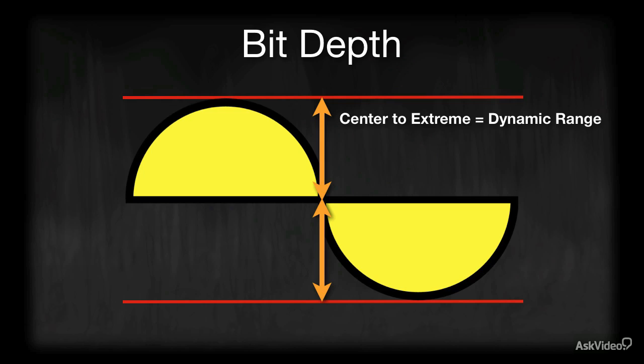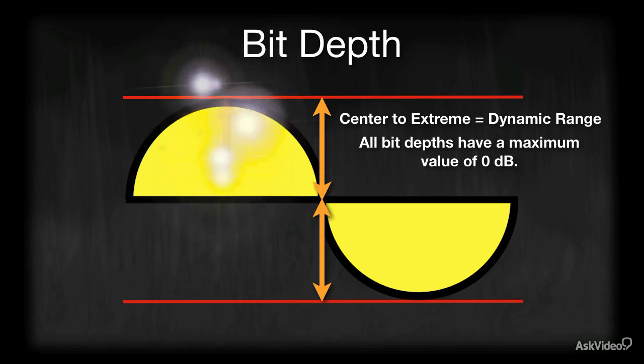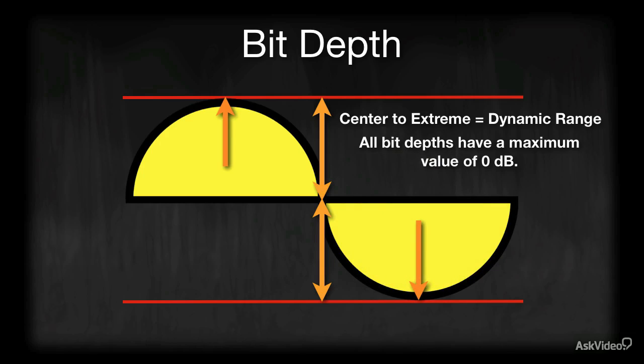And all bit depths have a maximum value of 0 dB. So different bit depths won't give you a larger dynamic range. They all bottom out at 0 dB, or the extremes of that amplitude measurement. So the positive part of the waveform has a peak expression of 0 dB, and the negative part of the waveform also has a maximum value of 0 dB.